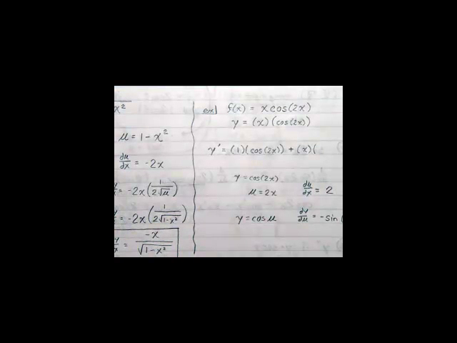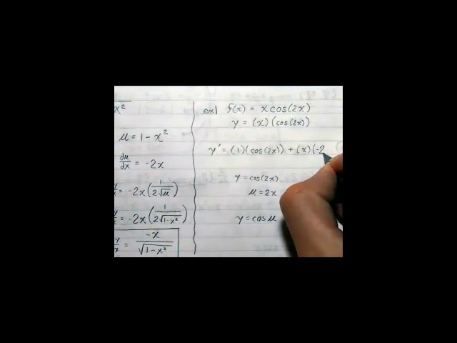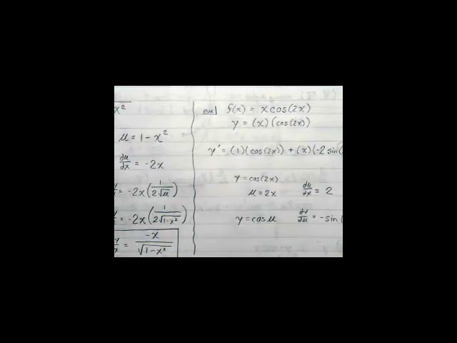It would be negative sine u, but negative sine 2x. And then you multiply those together. So, negative 2 sine 2x.